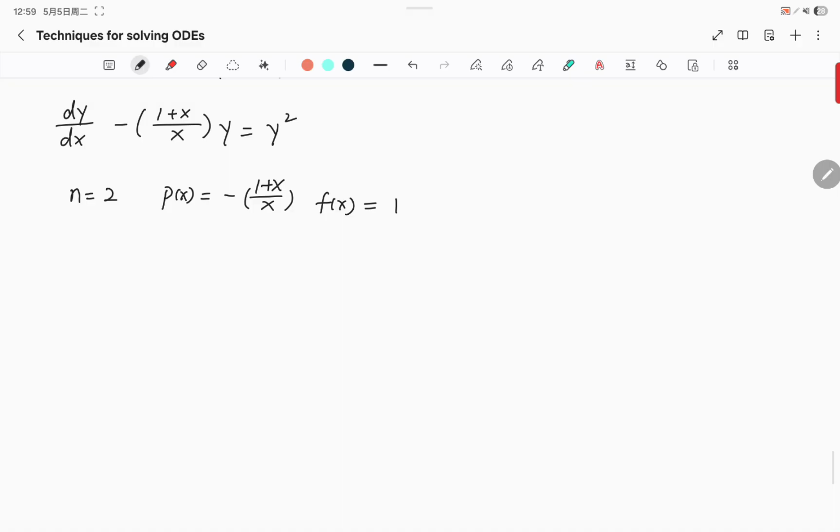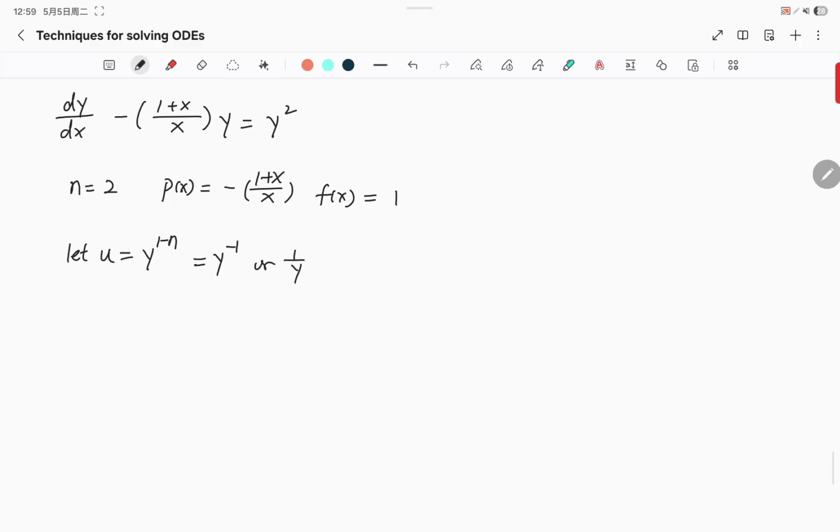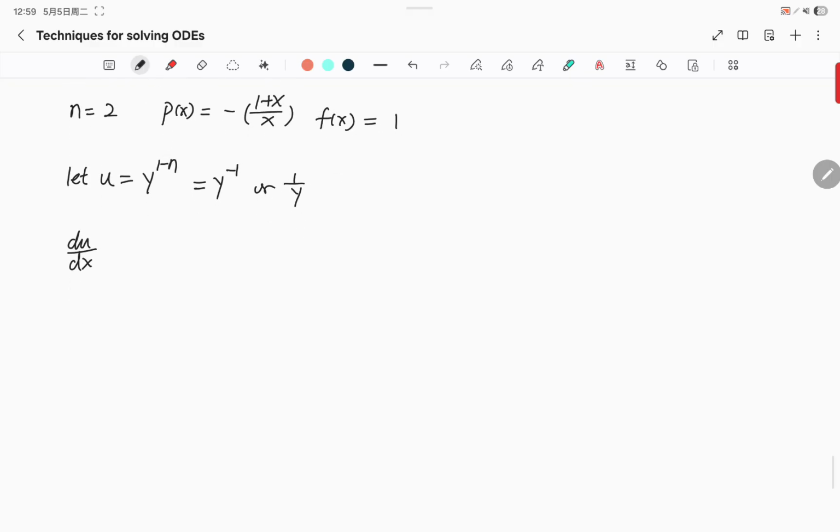So we can say let u be y to the power of 1 minus n, meaning y to the power of 1 minus 2, which is y to the power of -1, or 1 over y, whatever you want. And now we're going to use my template equation. I don't know why my dx in the bottom always looks ugly.